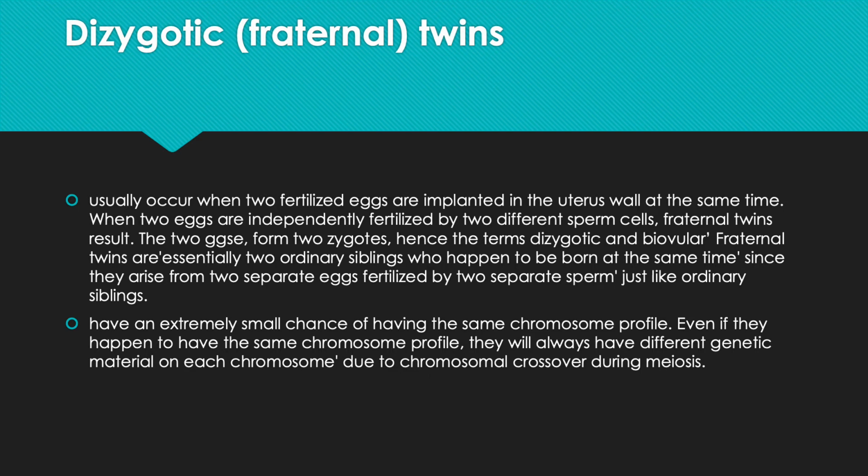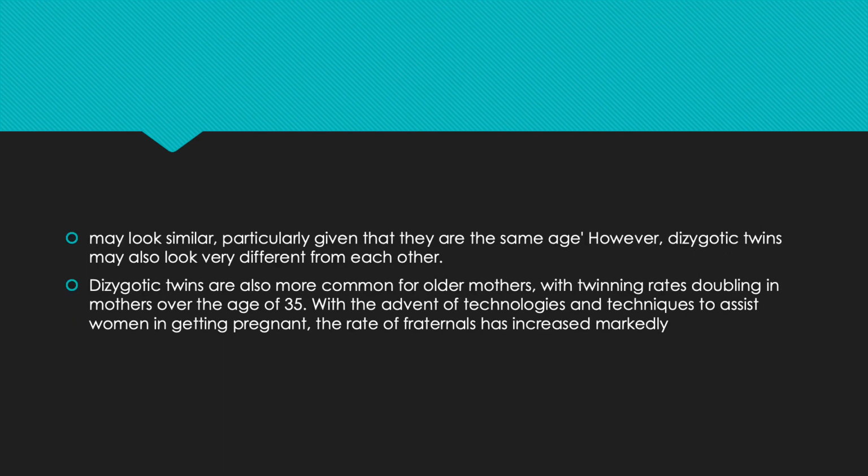Now we have the dizygotic, fraternal twins, and they may look similar, particularly given that they are the same age. However, dizygote twins may also look very different from each other. They are also more common for older mothers, with twinning rates doubling in mothers over the age of 35.